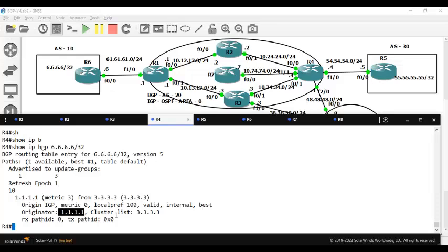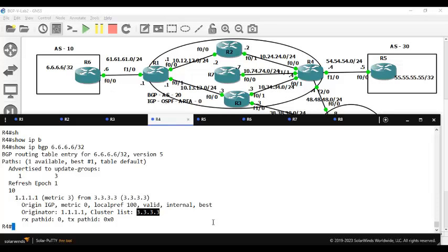Meaning who is reflecting it? R3. You got it? Cluster list. Cluster is the one which is making this a group. So router 3's router ID is what router 4 is showing as the cluster, because that is the server. Cluster is nothing but the server. Reflector, route reflector, server. Did you understand this?